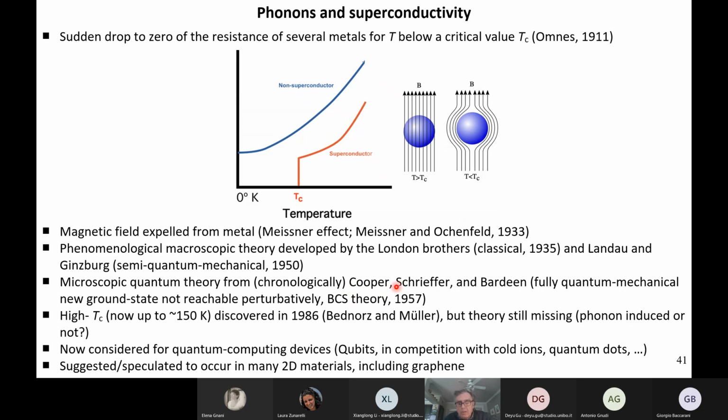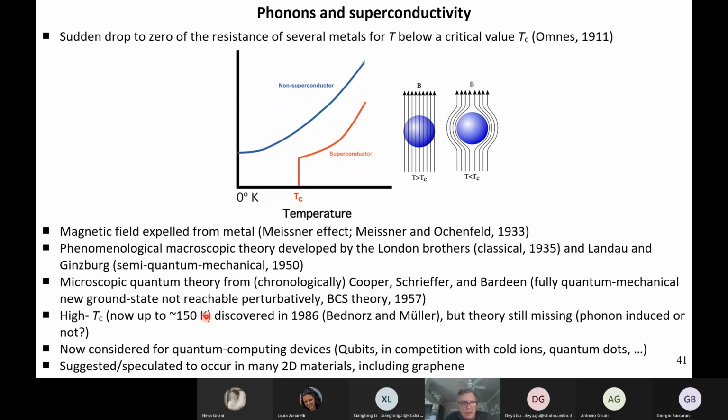This was for superconductors that exhibit this transition temperature at very low temperatures, of the order of a few degrees Kelvin. In 1986, some new materials, mainly cuprate perovskites, were discovered by Bednorz and Müller with temperatures in the tens of degrees Kelvin, and nowadays at 1 atmosphere of pressure, I think we're up to about 150.